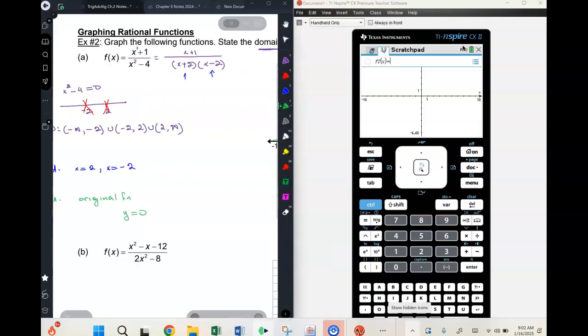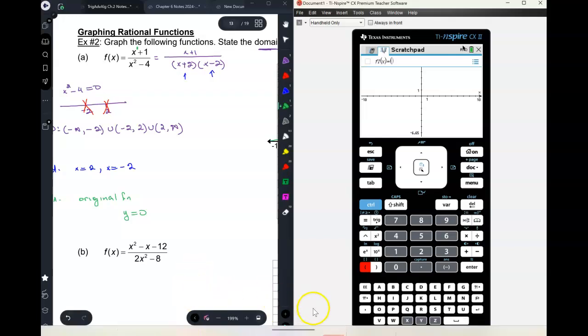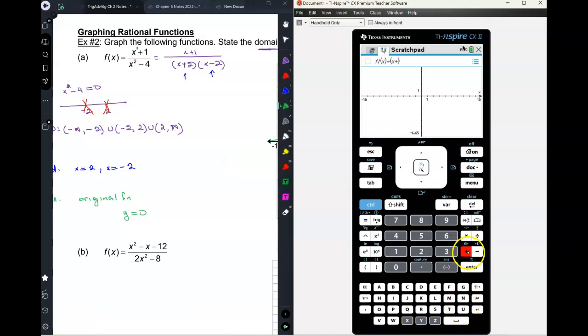We're going to put in x plus 1, so I put them in parentheses, divided by x squared minus 4. If you're doing it like this, make sure it's in parentheses, because otherwise the calculator will not understand what you're saying. Let's graph. Okay, look at that beautiful graph. Come on, that's gorgeous.